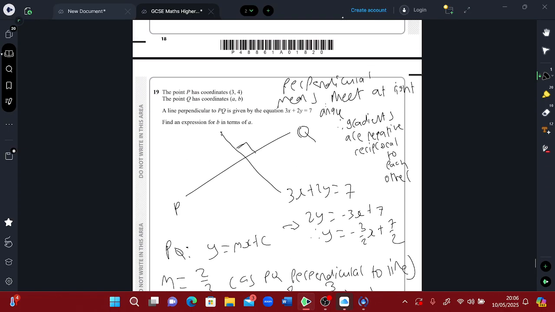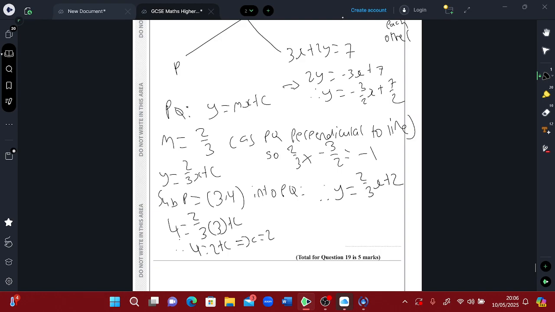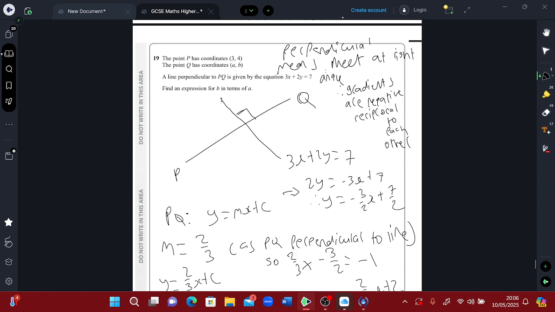Now, actually, we can find an expression for B in terms of A because we can just substitute the Q coordinate in, right? Because Q is (A, B), is it? Yes.